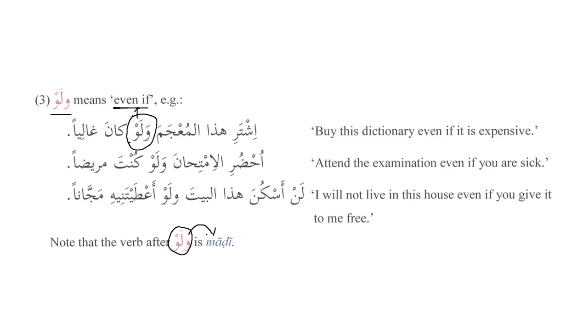So here, walau kana is the past tense, walau kunta is the past tense, and a'tayta is also the past tense. So number one, we discussed the different characteristics of bab number 4, which is if'al. Number 2, we discussed how to make ismul fa'il and ismul maf'ul. And number 3, we have discussed walau.